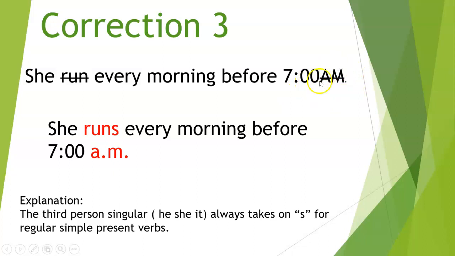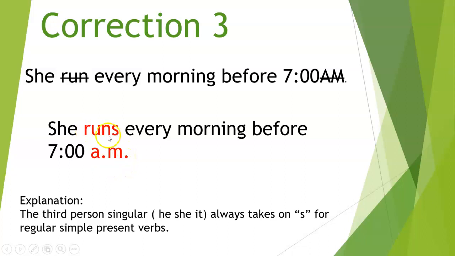And when we're writing AM, we need, instead of uppercase, we need to use small case, A and M, and there should be a period in between. So here we have the actual period, but if this was in the middle of the sentence, we would have a period after the A and after the M.